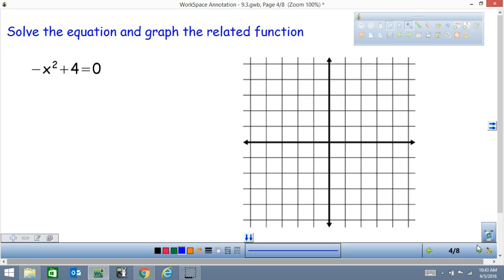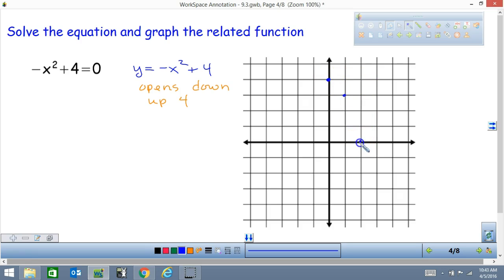We're going to solve this equation and graph the related function. The related function is y equals negative x squared plus 4. We could also look at that as a parabola that opens down and is up 4. So when I graph that, I move up the y-axis to 4, and then my parabola opens down.